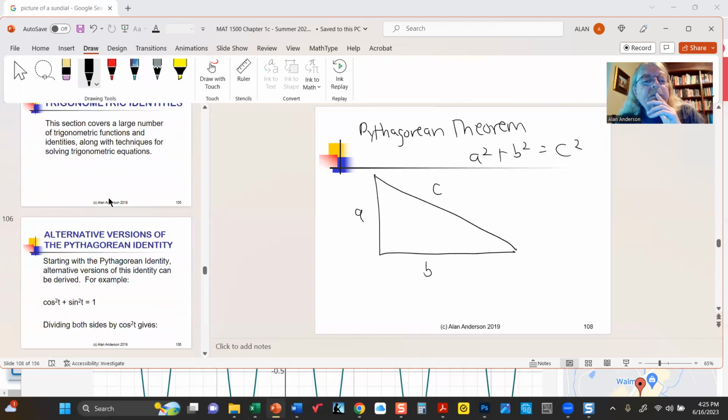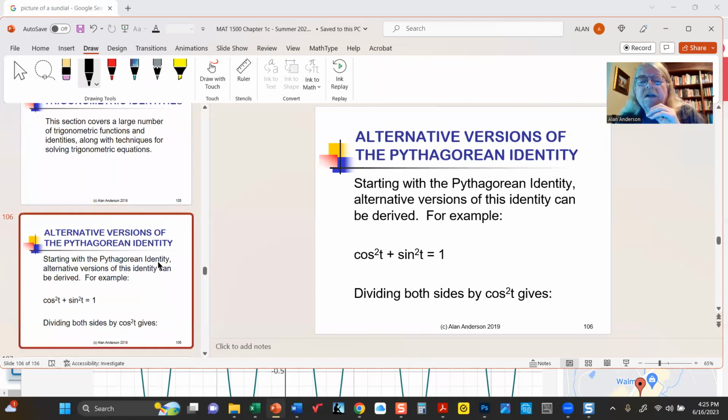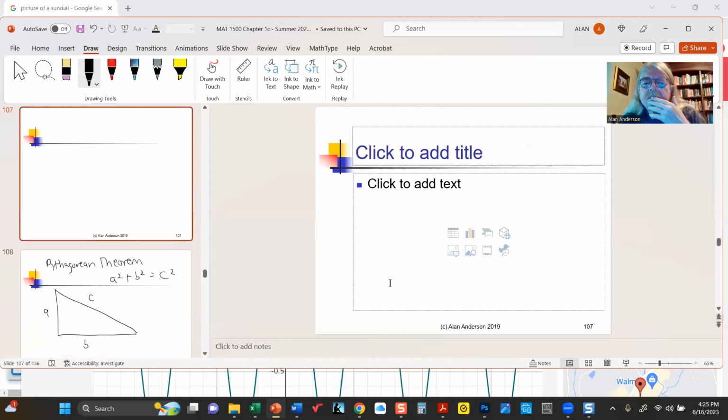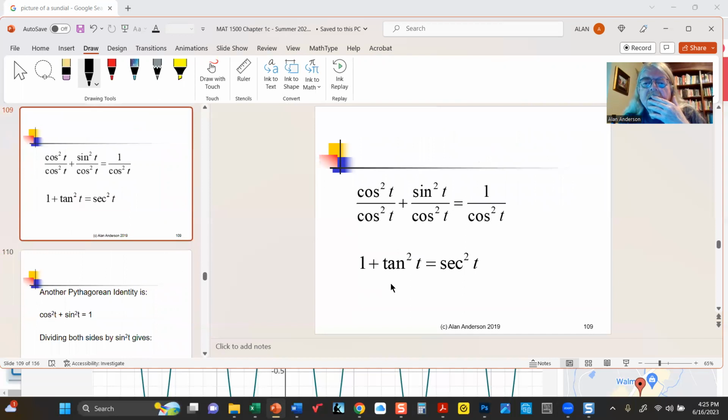The one that you're probably most likely to be familiar with is this one. The cosine squared of any angle plus the sine squared of any angle adds up to 1. Okay. And then if we do some algebra on this, we also get the following 2 versions of this. 1 plus the tangent squared equals the secant squared.